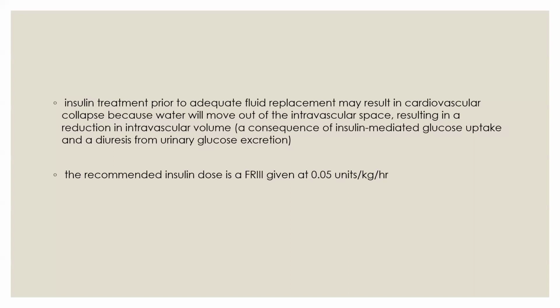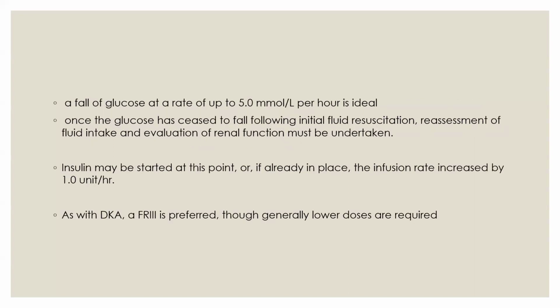So the recommended insulin dose is a fixed rate insulin infusion given at 0.05 units per kg per hour. A fall of glucose at a rate up to 5 mmol per liter per hour is ideal.